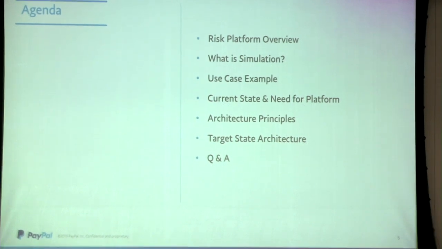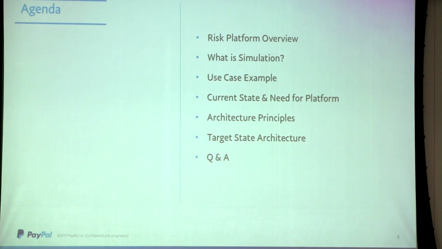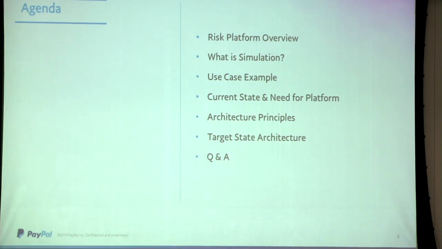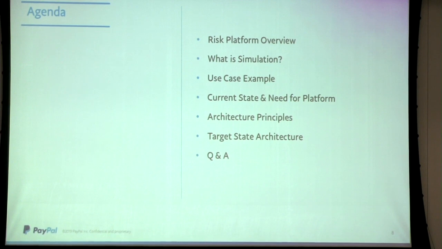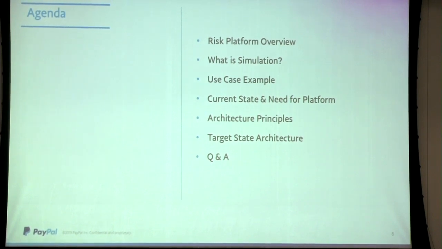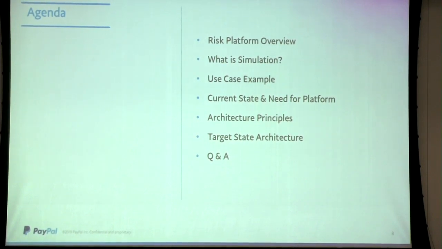So into the agenda. When I was thinking about how to describe what the simulation platform does, I thought it was going to be difficult to describe it in isolation. So the approach I'm taking is that I want to first give you an overview of our risk fraud platform and how we detect and deflect fraud through models and decisions and actions.